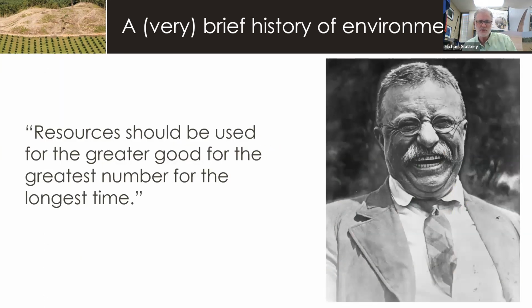So according to President Roosevelt, resources should be used for the greater good, for the greatest number, for the longest time. And in fact, President Roosevelt was of course a Republican, a conservative, and those first few letters in the word conservative really, I think, emphasize Roosevelt's focus and drive for setting aside land for resource use and conservation.